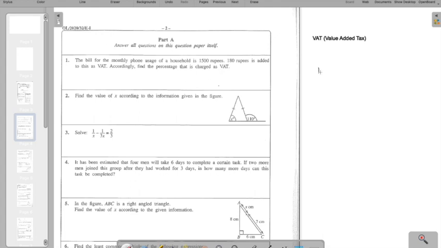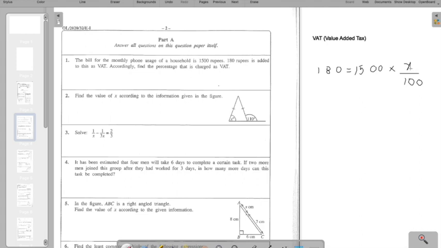So therefore, you take 180, which will be equal to 1500 times x. Now this x, I'm sure all of you know what that means. That means the percentage. They are asking what the percentage charged as VAT is. So with this x we can obtain a percentage.